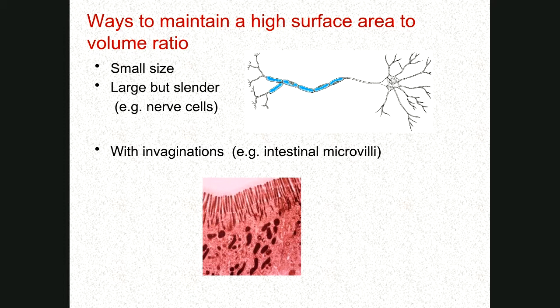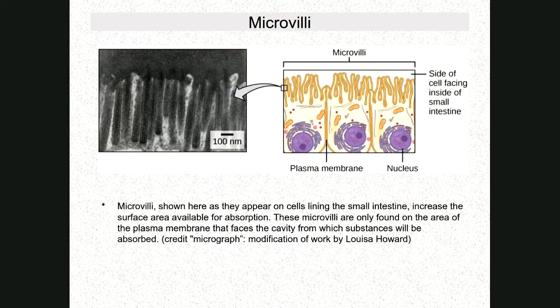The intestinal microvilli, with those invaginations, play a role in absorption. To maintain that, you have to have a high surface area to volume ratio. The microvilli over here, as you can see, increase the surface area available for absorption.